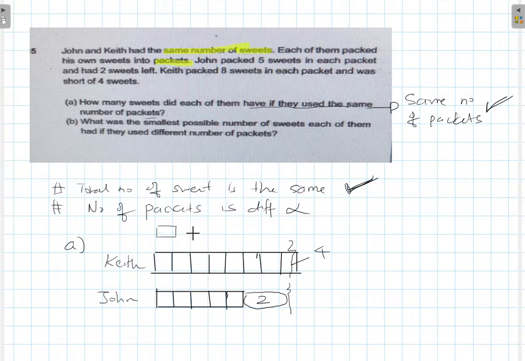This one box is number of packets. So it's asking you, because here says number of packets is the same, correct? This one, then that's why I draw this.